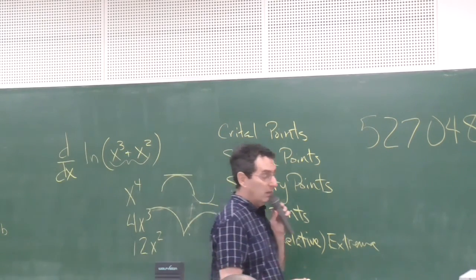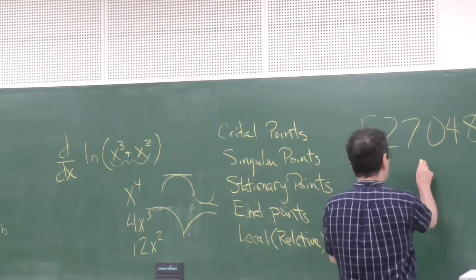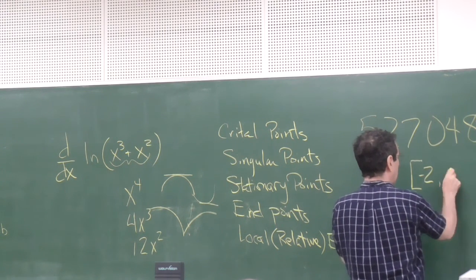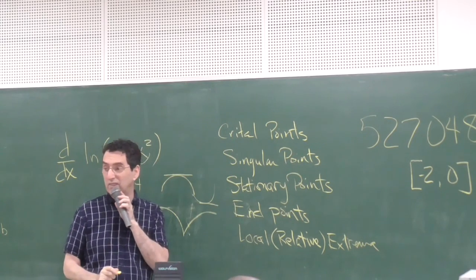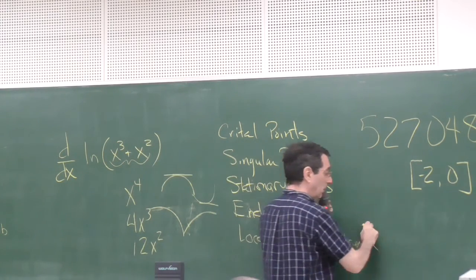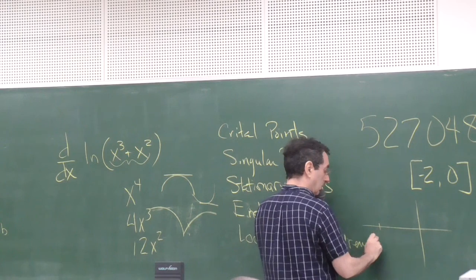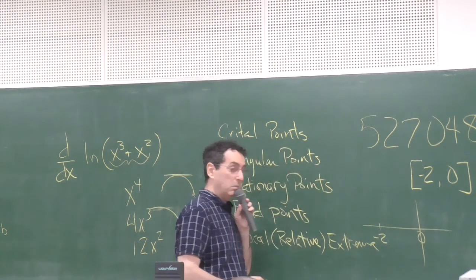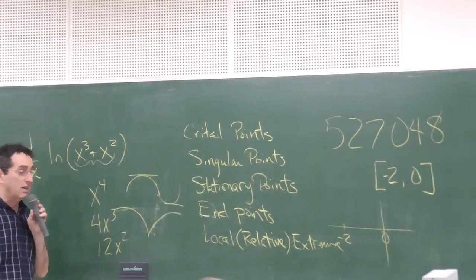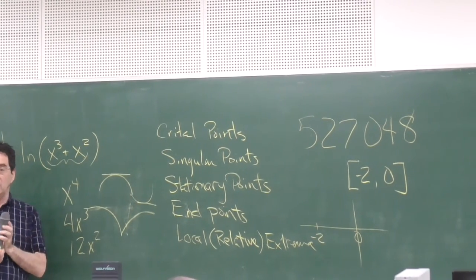So in this problem, we're talking about between -2 and 0. So those are going to be the endpoints, -2 and 0. We're asking about the graph between -2 and 0. And stationary points means what?